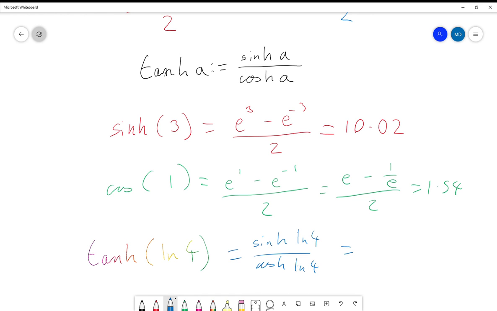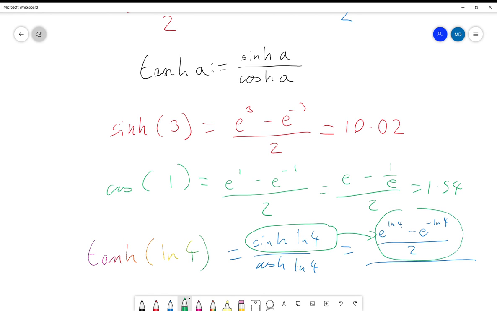The sine is e to the natural log of 4 minus e to the minus natural log of 4 all over 2, divided by our hyperbolic cosine, which is e to the natural log of 4 plus e to the minus natural log of 4 all over 2.